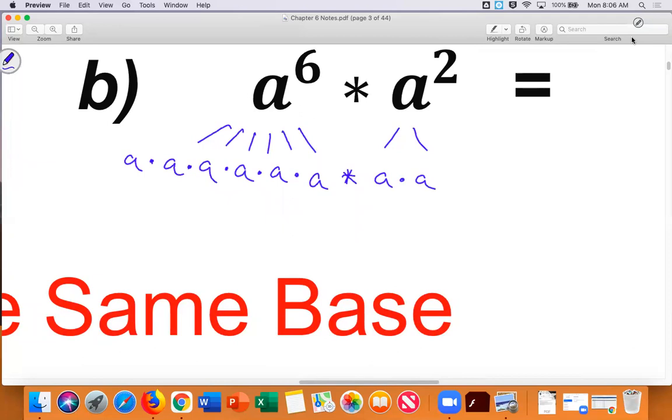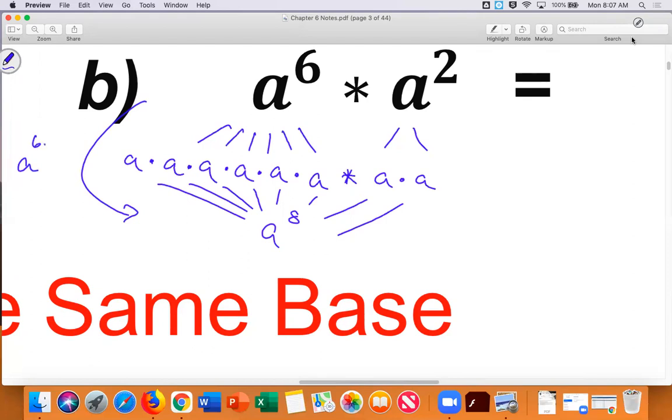How many A's do I have total, Destiny? 8. Does Sophia's theory of just adding the two exponents hold true? Yeah, because if I do a to the 6 plus 2, I get a to the 8.